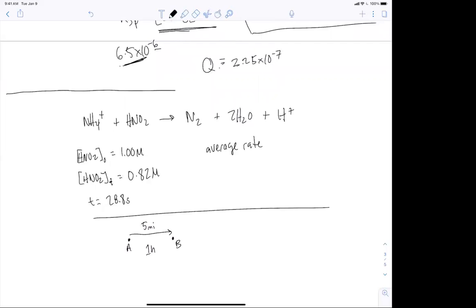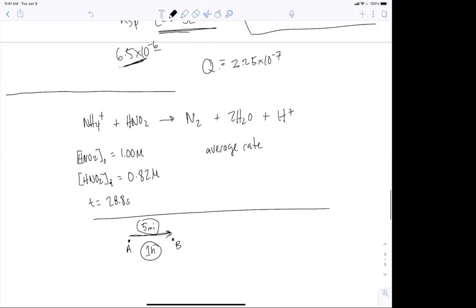Rate is the right way to think about that, right? Miles per hour. Velocity. All they're asking is that. So what would you say? On average, you were going 5 miles per hour as you went across. And that's exactly what they're asking here.